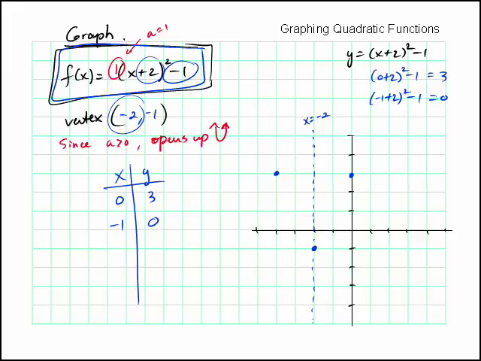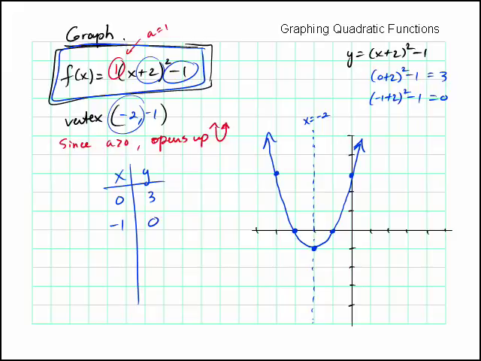And so when x is negative 1, y is 0. That point is right there. But because of symmetry, there would be another point on the other side right there. We have enough points to see our parabola. We can connect the dots. And we have our parabola sketched.